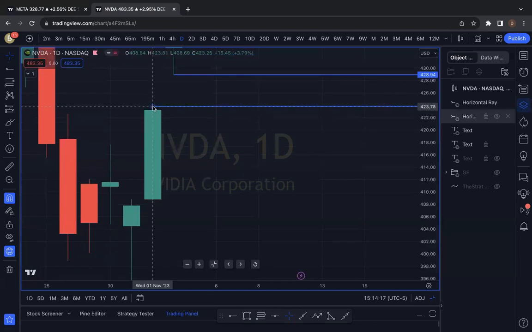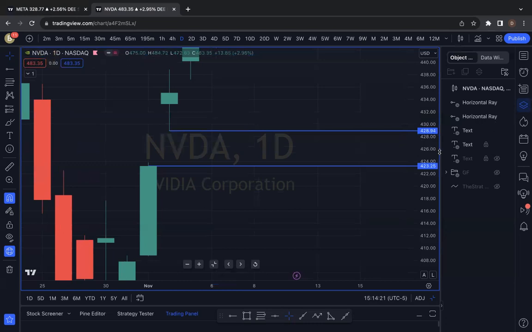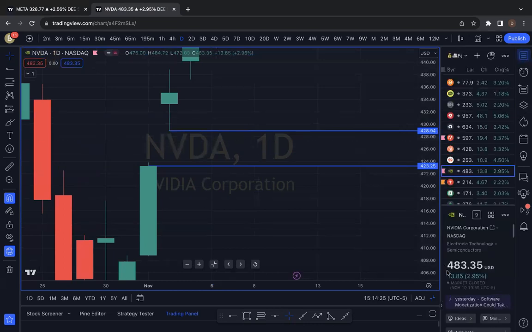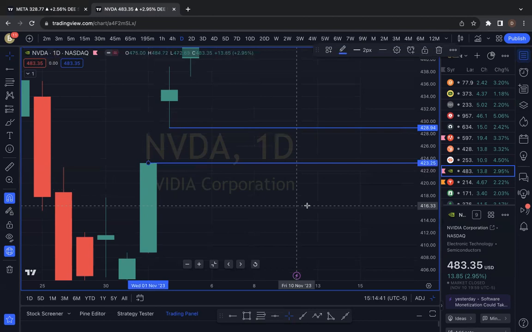Price actually closed right here, right? So when you're looking at a chart after hours, if you look over here, it's going to say this price where it says close, or it'll say market close. It's not going to say this price up here at the top of the wick. It's going to say this price, right?